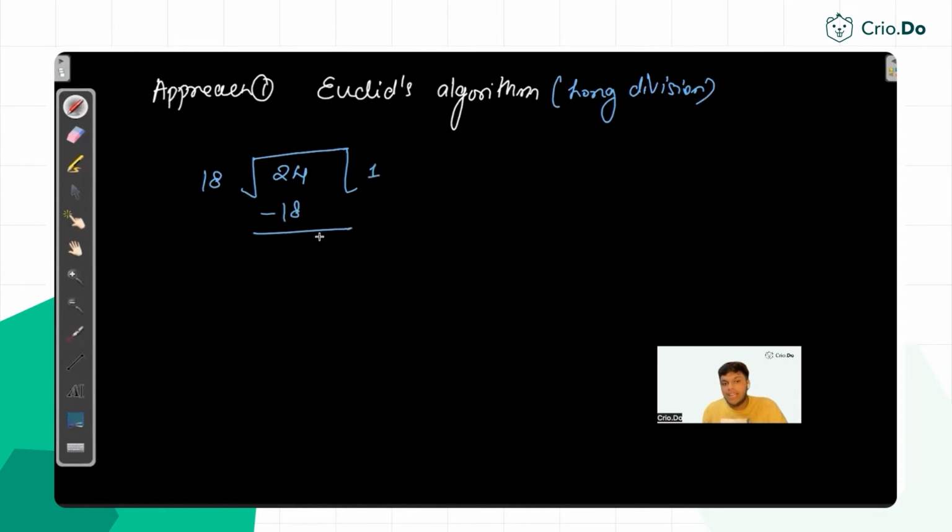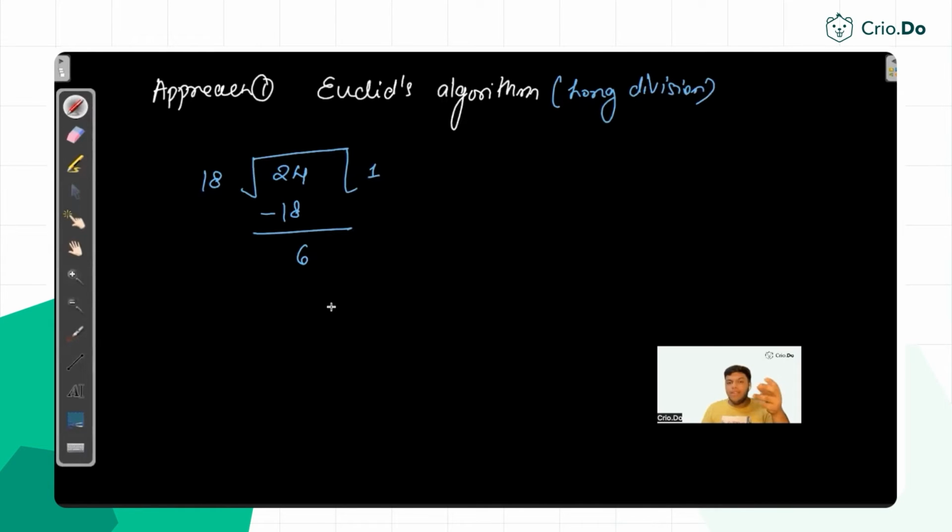So 24 minus 18 will give you 6. Now what to do with 6? We have to do the division only till the point we get remainder 0. We will continue the division recursively again and again till the division gives me 0 remainder. Right now the remainder is not 0, so we will still continue.